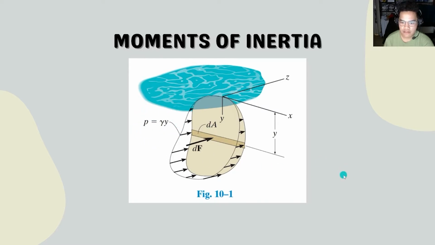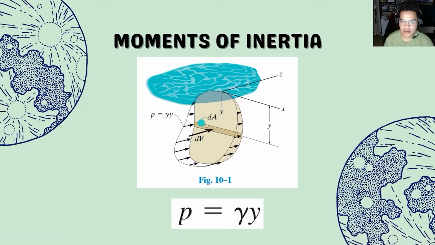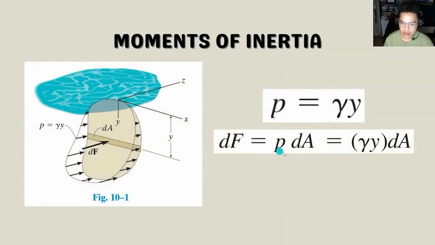The given equation will be P is equal to gamma times y, where gamma is the specific weight of the fluid. Thus, the force acting on the differential area dA of the plate is therefore dF is equal to P times dA equals gamma times y times dA.